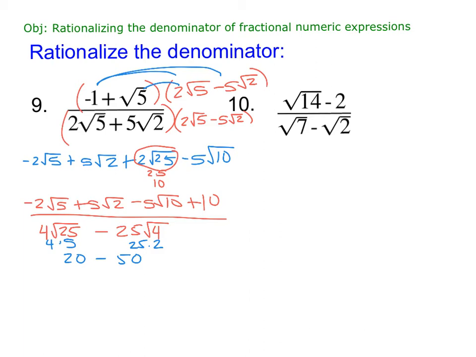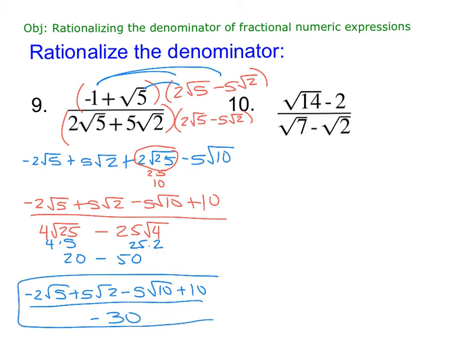So, my final answer, negative 2 root 5 plus 5 root 2 minus 5 root 10 plus 10 all over negative 30. Whew. All right.